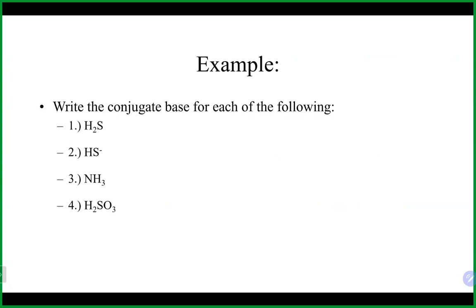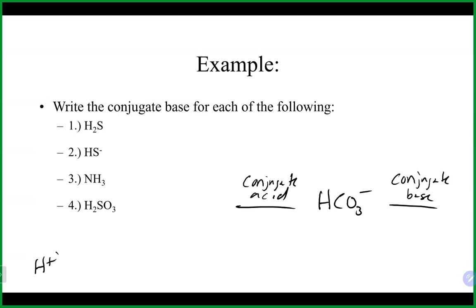All right, so for each of these, why don't you write the conjugate base? And for this one, write the conjugate base and also the conjugate acid. There's pretty much an H plus difference.